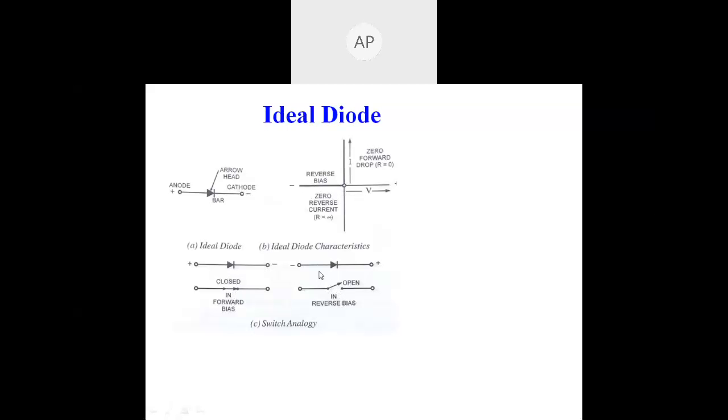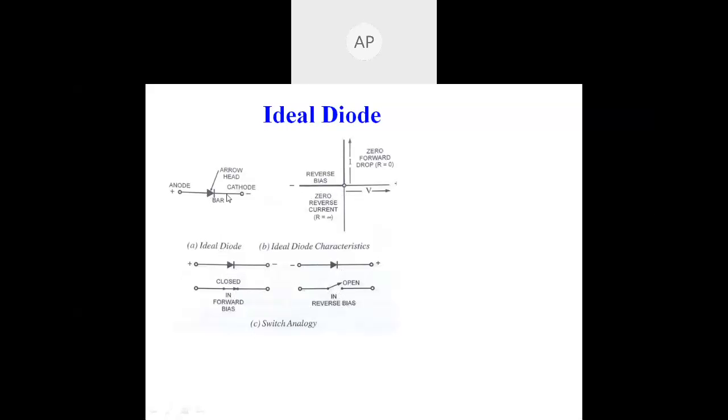So for an ideal diode, under forward bias, the current will rise immediately once V is greater than 0 volts, and the current under reverse bias will be almost zero. So a diode can be represented under forward bias and reverse bias. For forward bias, the current flows immediately, which is represented as simply a closed switch.